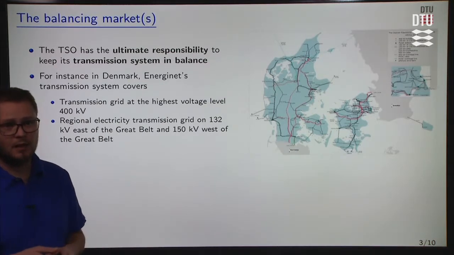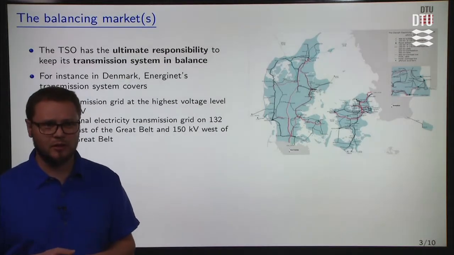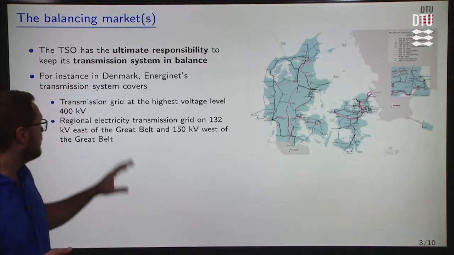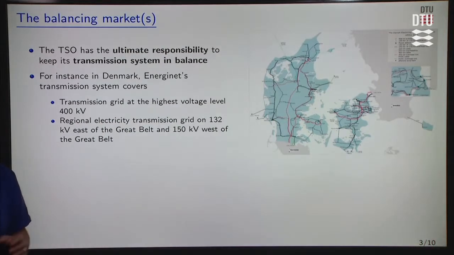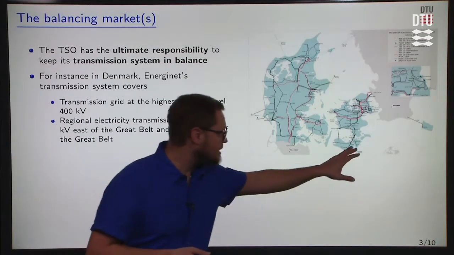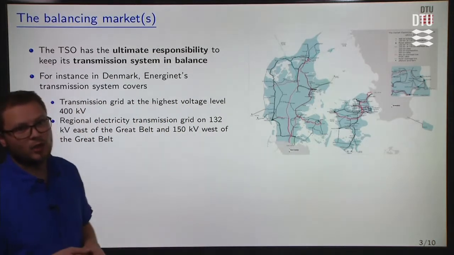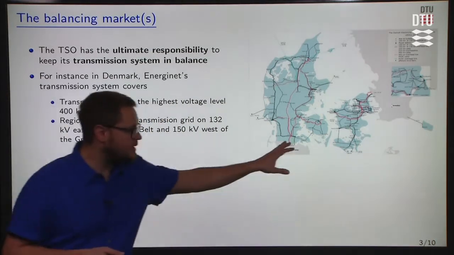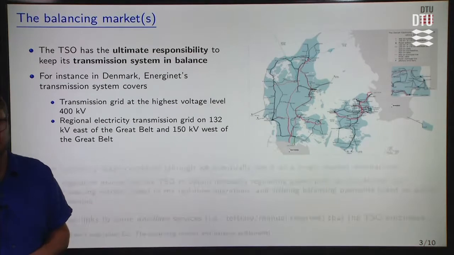For instance, in Denmark, Energinet is the system operator and has responsibility over the transmission grid at the highest voltage level, 400 kV, and the regional electricity transmission grid with 132 kV on the east side of Denmark and 150 kV on the west side of Denmark.